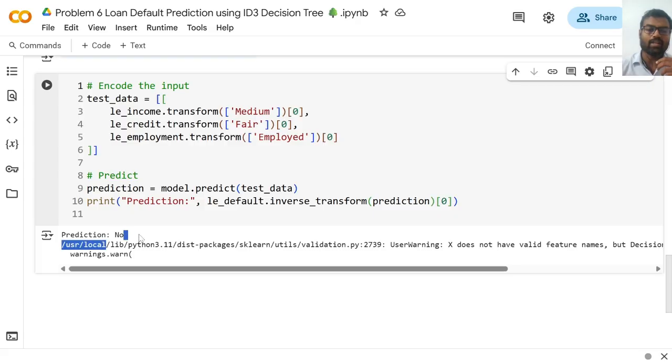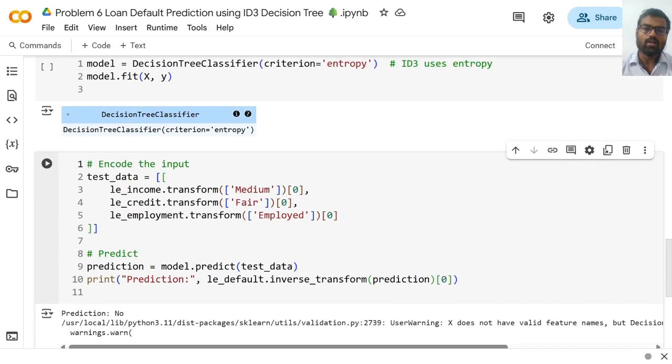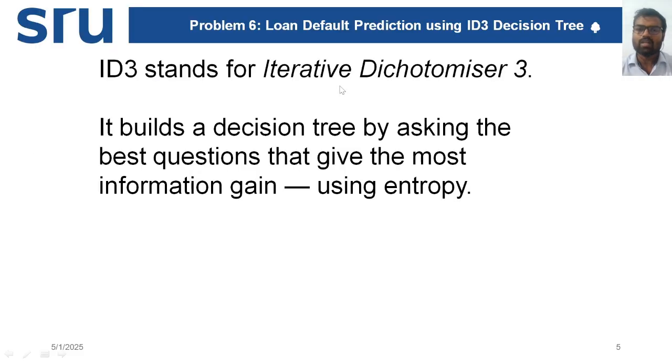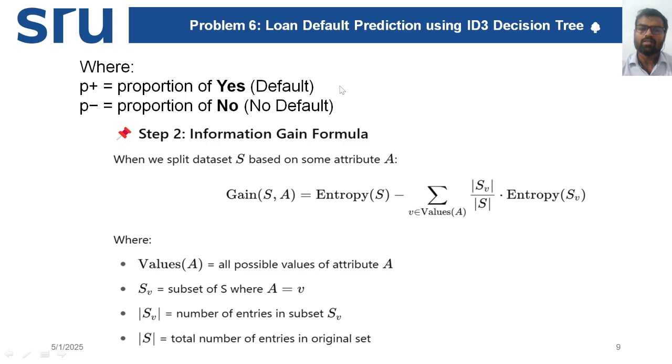So obviously we are getting no. In the description you will find this Colab notebook. In the exam, based on the given question, you have to solve the problem and justify. You may ask me, do I need to write code, or do I have to read the code? It's all about the requirement. If they ask you to solve a particular numerical, you solve it this way, based on the slides.